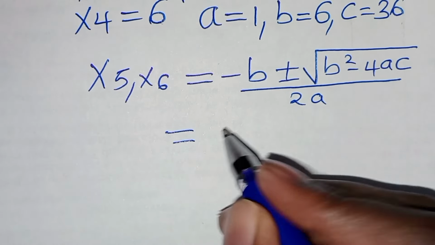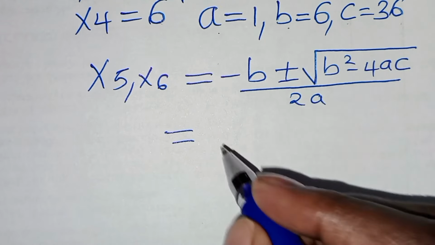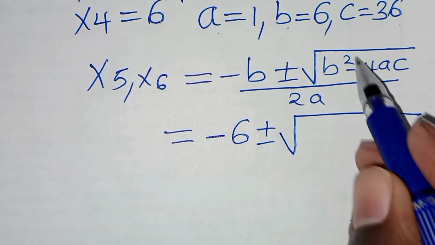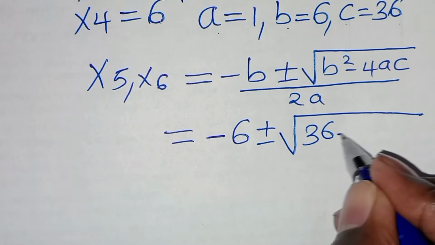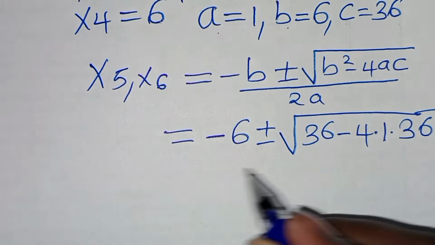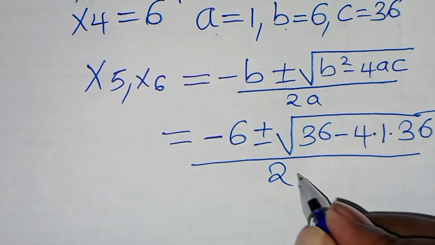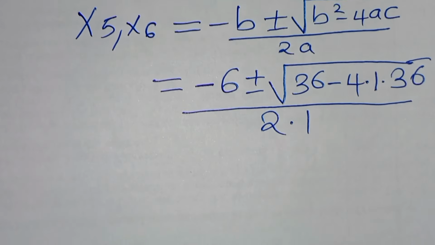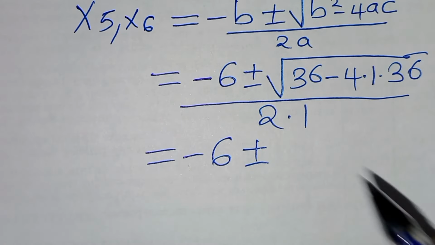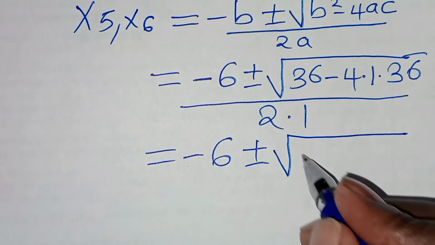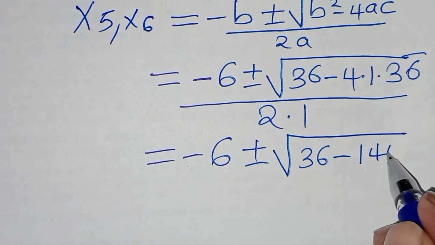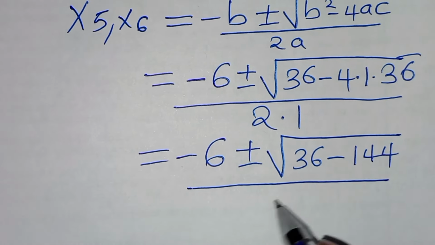So this implies that here, substituting the values of a, b, and c, we will have minus 6 plus or minus the square root of b squared is 6 squared, which is 36, minus 4 times a, which is 1, times c, which is 36. Then this divided by 2 times 1. The next step is that we have minus 6 plus or minus. Now we have the square root of 36 subtract 36 times 4, which is 144, all this divided by 2.